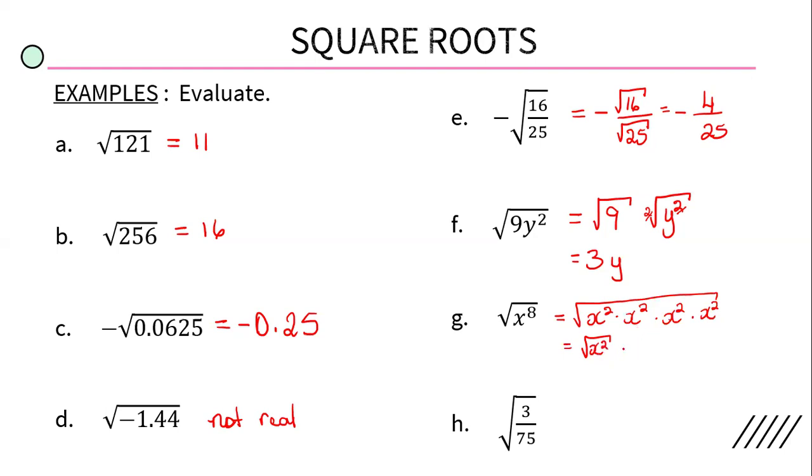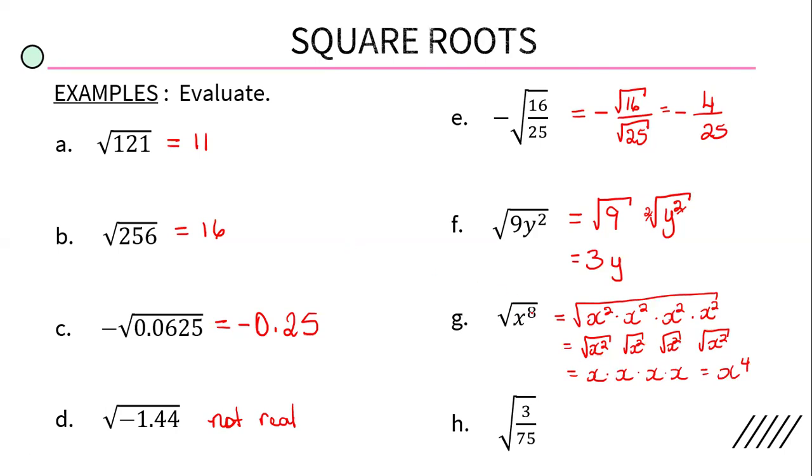We have the square root of x to the power of 2 times the square root of x to the power of 2, and so on. The square root of x squared gives us x, and we have 4 of them. So our answer is x to the power of 4.